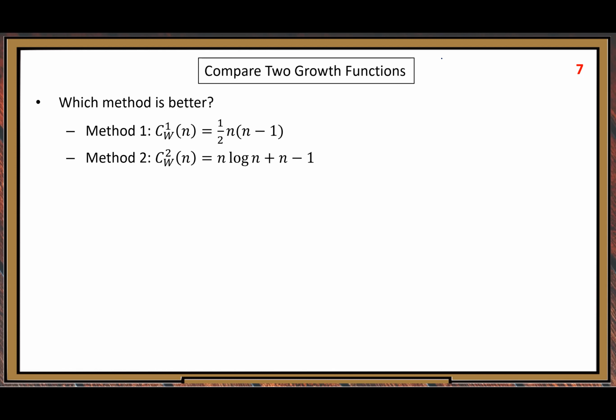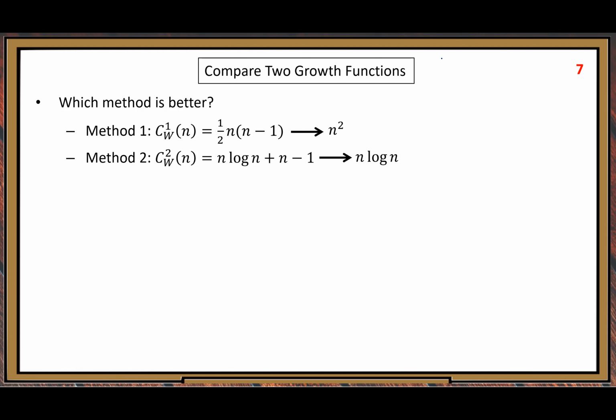Step 2, n minus 1. The dominant term is n log n, so the growth function is also n log n. Growth function of the first method, n squared. Growth function of the second method, n log n. So now we only need to compare n squared with n log n.